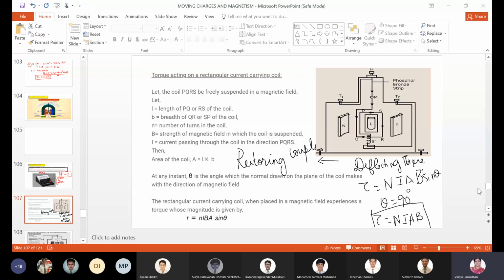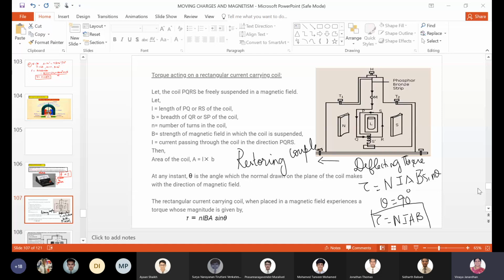Now, what is theta? Theta is the angle between a vector which is perpendicular to the plane of the coil and the magnetic field. Your coil has a surface. Any vector which is perpendicular to its surface, we call it the area vector, and the angle between the area vector and the direction of the magnetic field is theta.